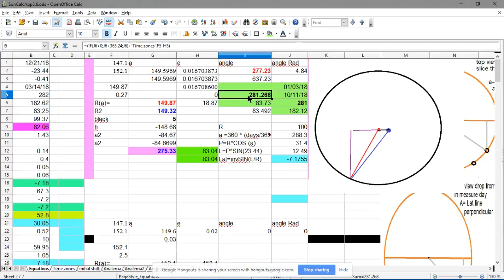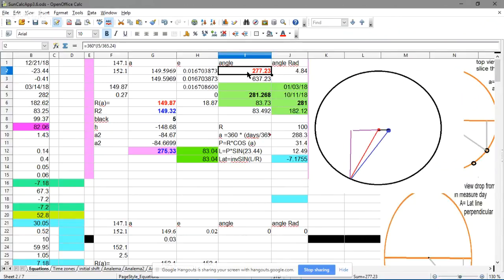But anyway, this is not the point here. I get this day, there's a slight change, and then that number is transferred into an angle.